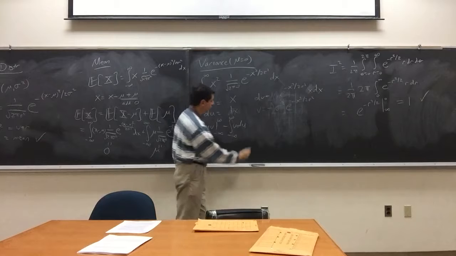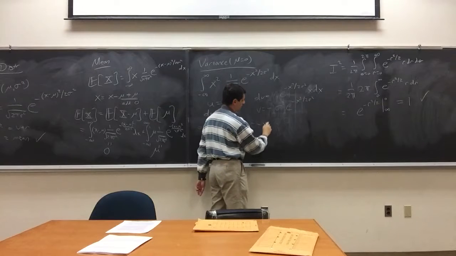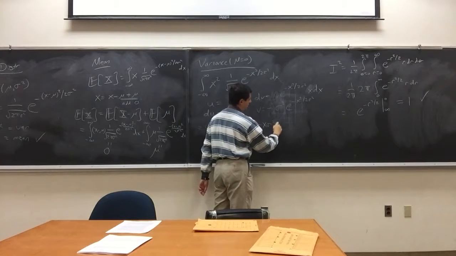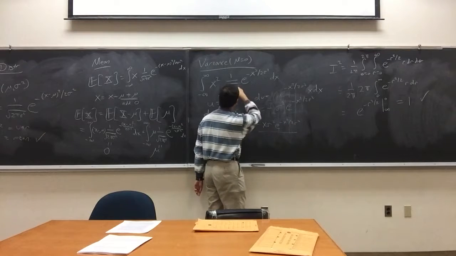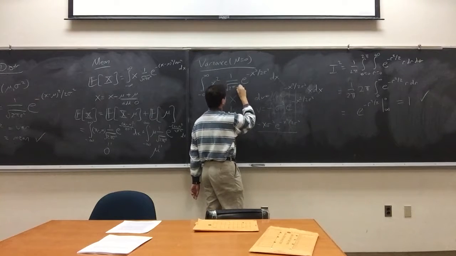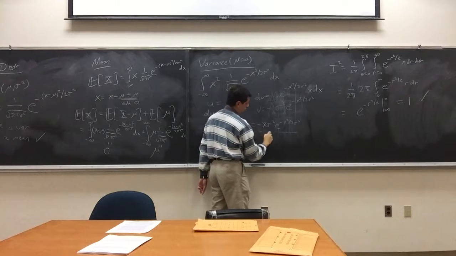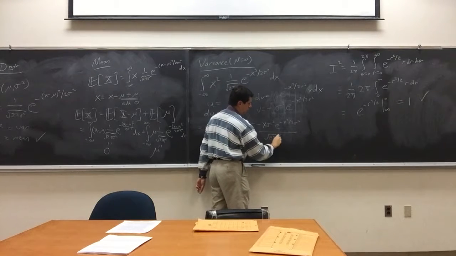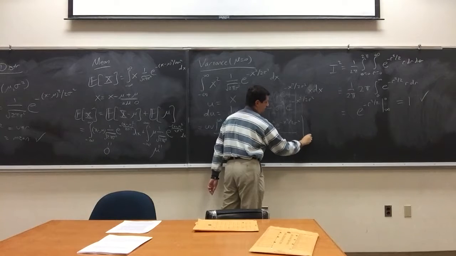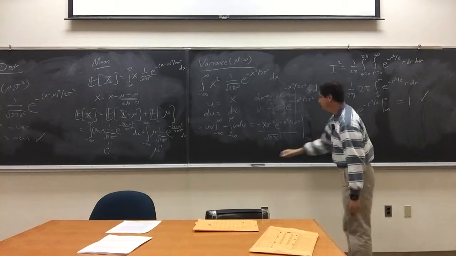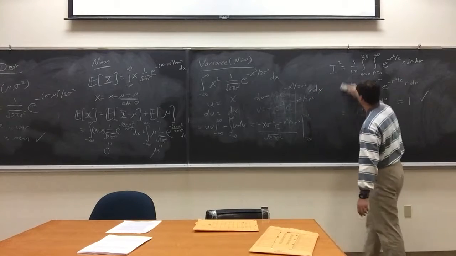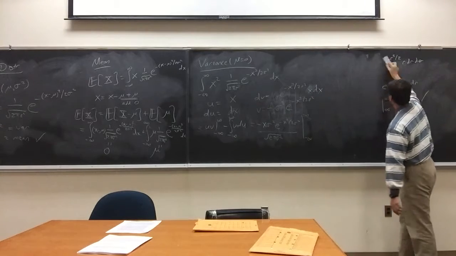So the uv term is going to be negative x sigma squared e to the negative x squared over 2 sigma squared. And I've got to divide by the square root of 2 pi sigma squared at minus infinity and infinity. And then I have a minus and a minus is a plus, which is great.